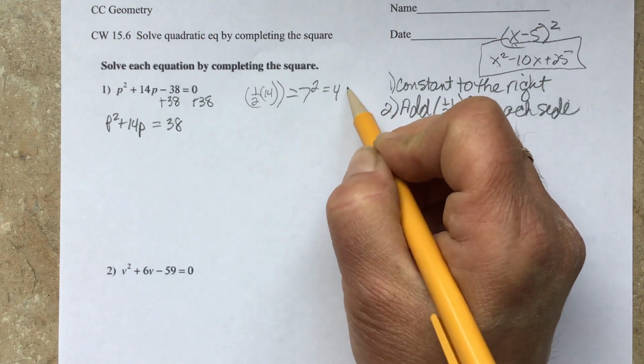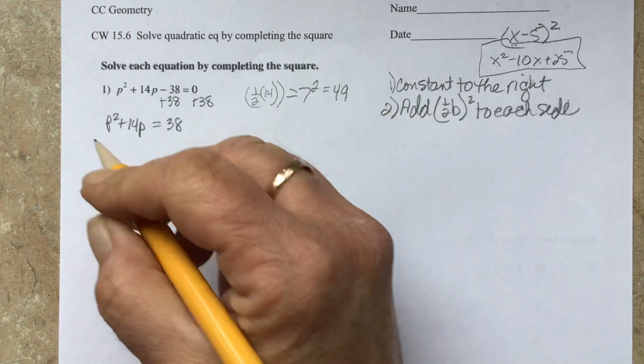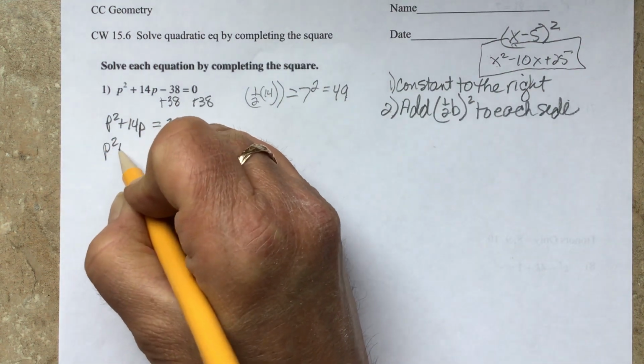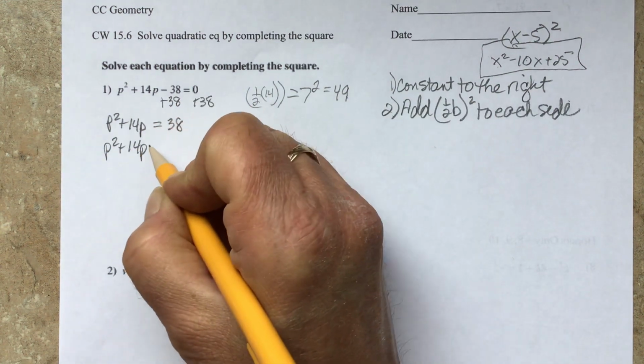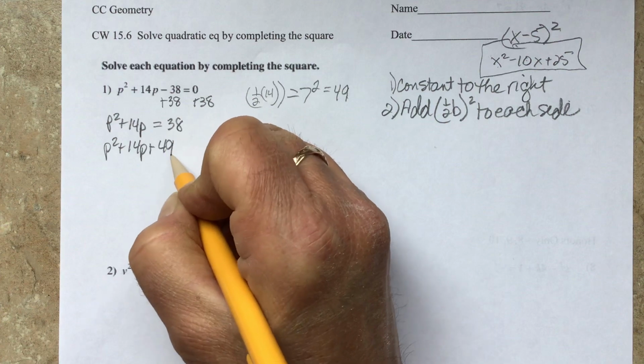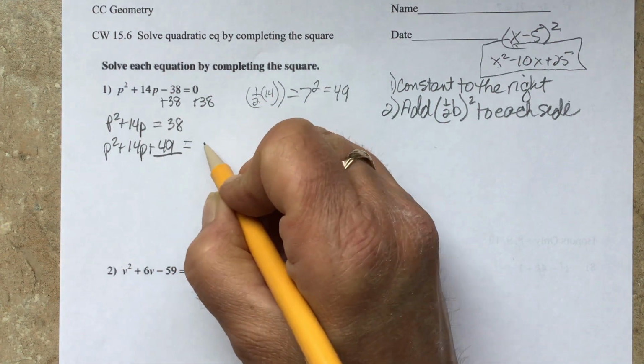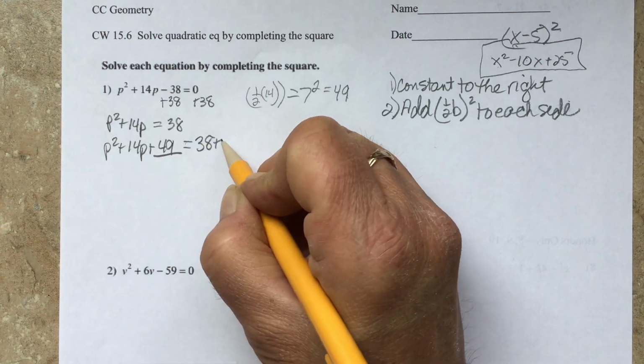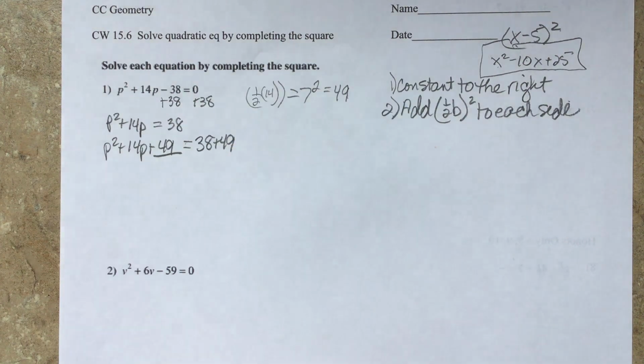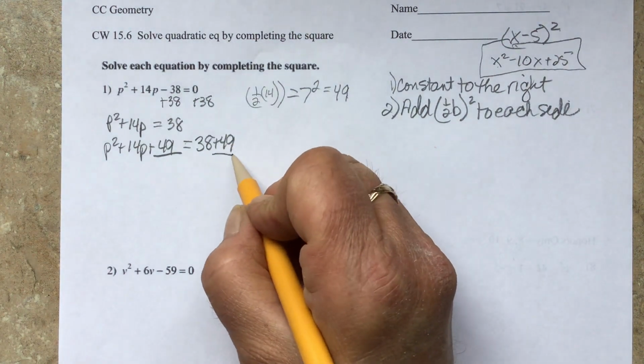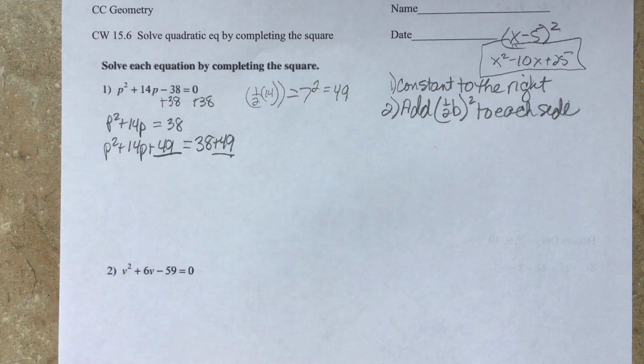So what we're going to do here is add 49 to each side. So p squared plus 14p plus 49. The reason we're adding it to both sides is because we have to keep the equation in balance. Okay, so we added the 49 to each side.